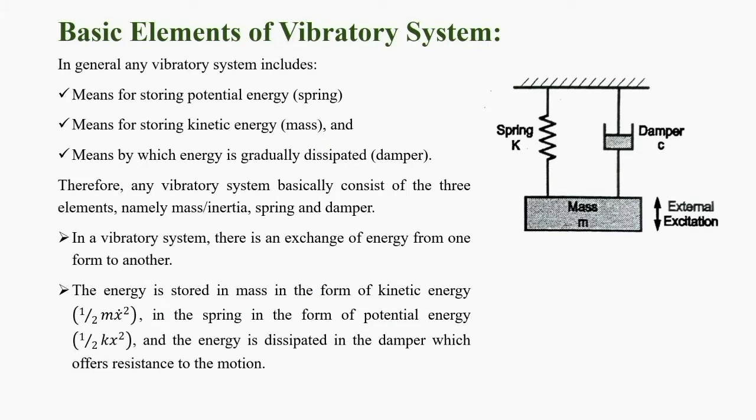So any physical system can be broken into these basic elements of vibratory systems. Those are spring, mass or inertia, and damper. Generally spring is used for storing potential energy, as we know that whenever a spring is deflected by applying some external force, some work is done on the elastic constraint, and that work is stored in the spring due to the deflection.